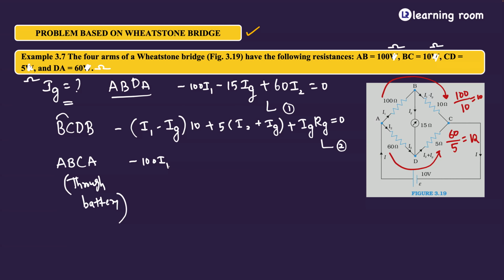When you go from B to C, it is going to be minus 10 into I1 minus Ig. Right? When you go from C to A through the battery, it will be plus 10 is equal to 0, and let this be considered as equation number 3. Clear?